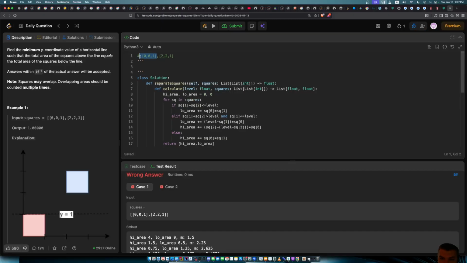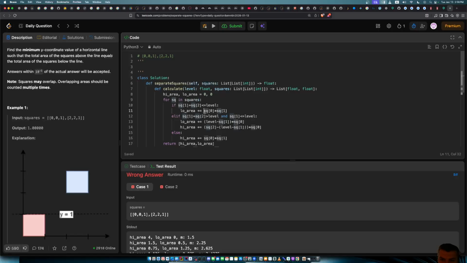So let's check this square. If square 1, so 0 plus 2, and the level is... it's not this one, but it shows square, okay, 0.01, okay, it's true.